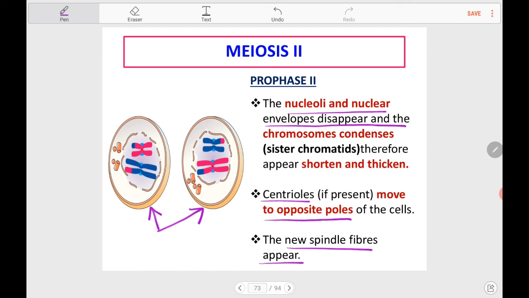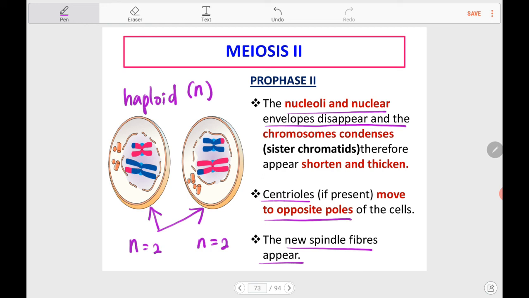Second difference is, yang kita nampak dalam gambar ni, kita start dengan sel yang sudah haploid, iaitu dia cuma ada n number of chromosomes. So in this example, each of the daughter cell is n equals to 2. Itu adalah perbezaan kedua antara prophase 2 dengan prophase of mitosis.